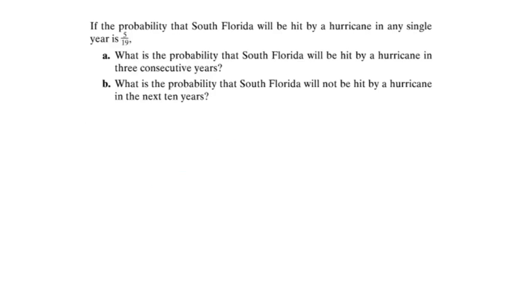If the probability that South Florida will be hit by a hurricane in any single year is 5/19, what is the probability that South Florida will be hit by a hurricane in 3 consecutive years? All right, so we do know that we're looking for the probability of 3 consecutive years.